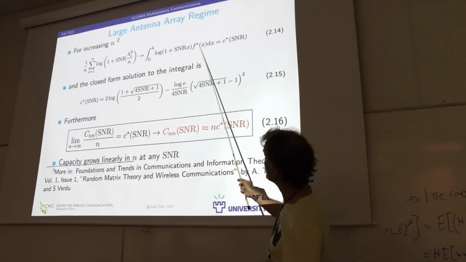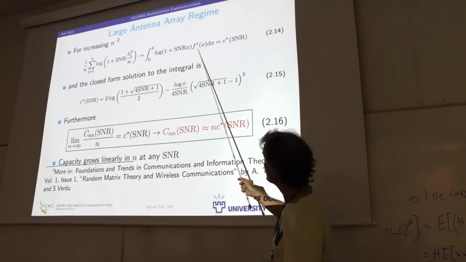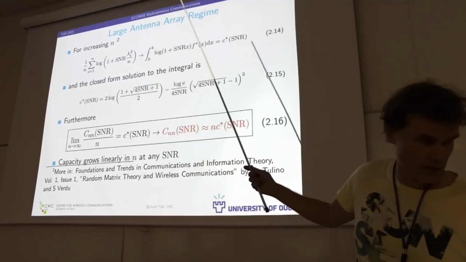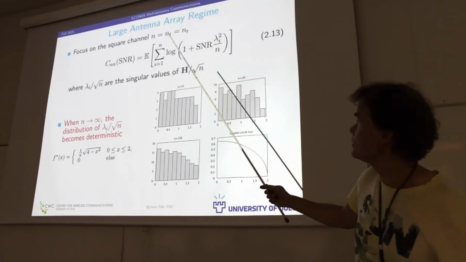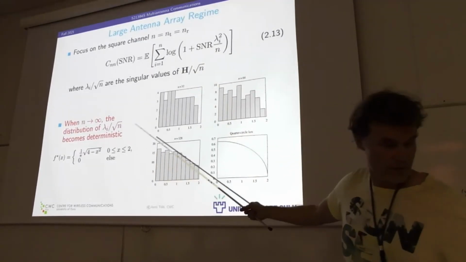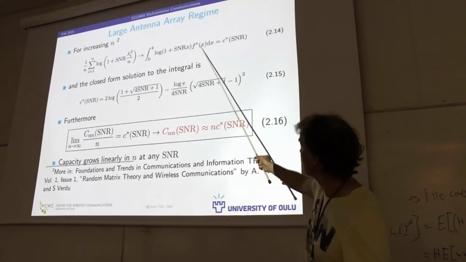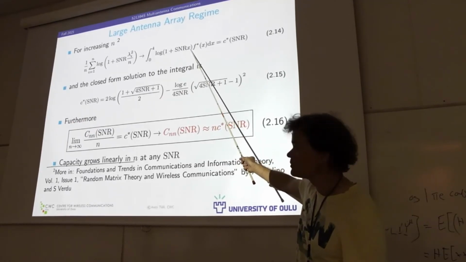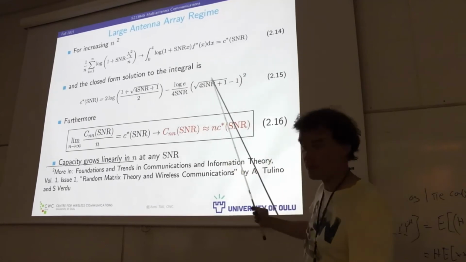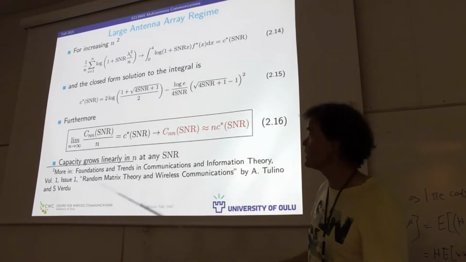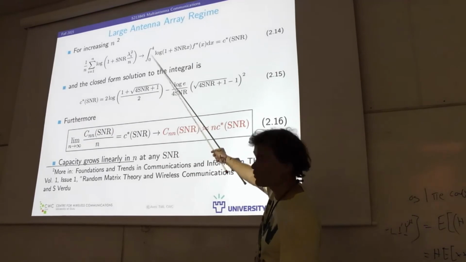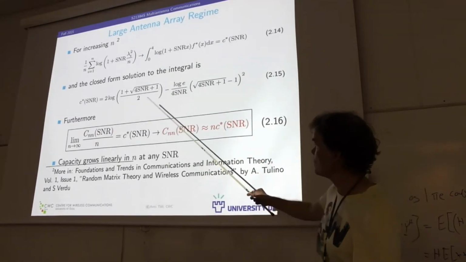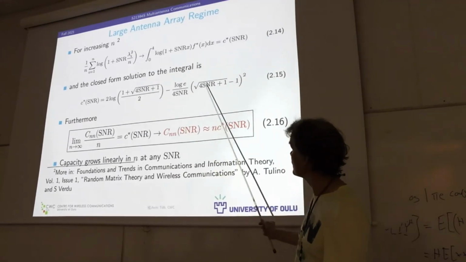If you plug in the quarter circle formula from here and integrate over x from 0 to 4, you get a closed-form expression of C that depends only on the SNR.